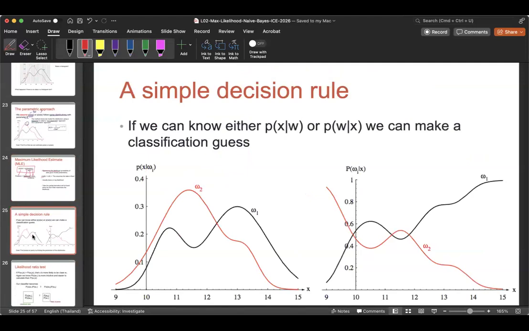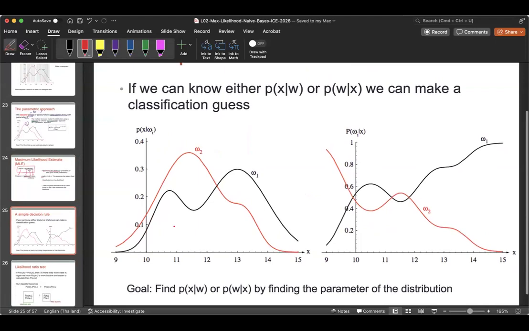So coming back to this simple decision rule, first we find the distribution, like this red line and this black line, and then we make a comparison: is this one higher? If it's higher, then we say it's class 1.